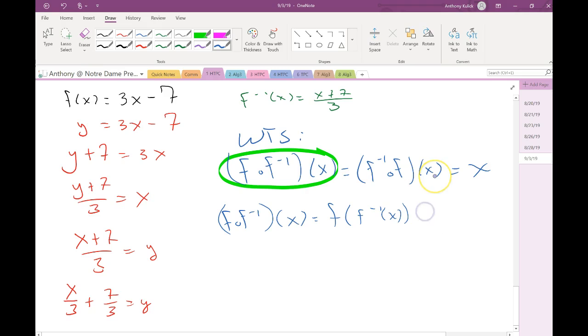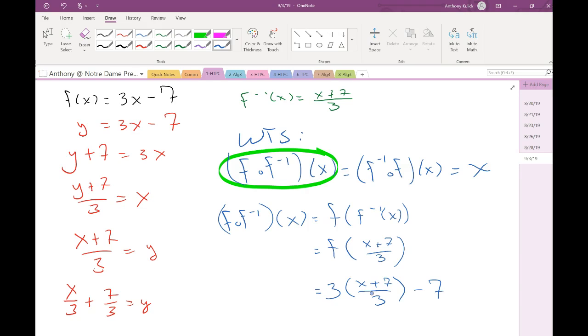So I'll apply my definition of composition and then start by replacing my f inverse of x with its algebraic expression. And then I'm going to write my algebraic expression for f, but every time I had an x, I'm just going to write a parenthesis. Everybody okay with that?